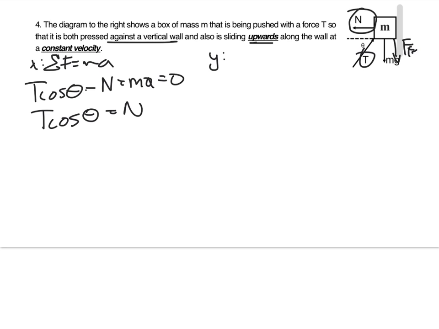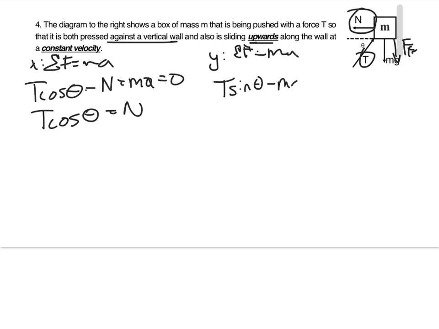So for the y direction, we've got a couple more forces. Still net force equals ma. This time we've got our other component of tension. It's pointing upward, and that is T sine theta. Again, I'm not sure that's actually tension, it's just some force.